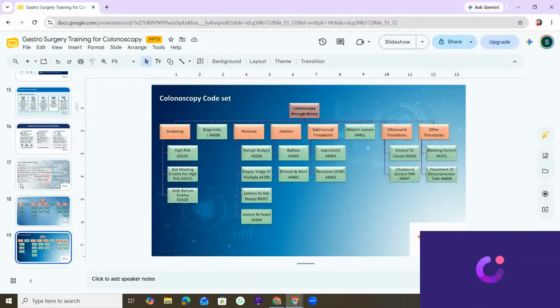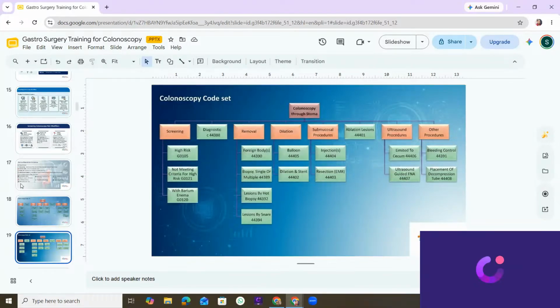Colonoscopy through the stoma: screening, diagnostic, removal, dilation, submucosal procedure, ablations, and ultrasound procedures are the others. In the screening section, high risk is G0105; not meeting the criteria, the same code G0121 is used, and with barium enema, G0120. Diagnostic code through the stoma is 44388. Removal of foreign body, 44390; biopsy single or multiple, 44389.